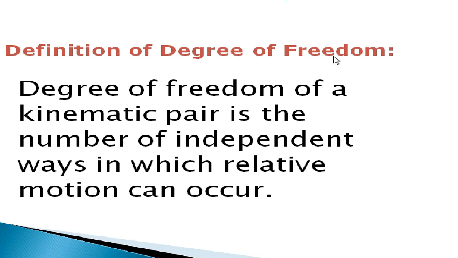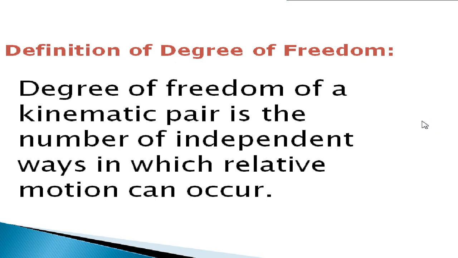Though this definition is not exactly the same as the one given in textbooks, essentially both of them mean the same thing. I use this definition to bring out what we mean by degree of freedom of a kinematic pair physically.